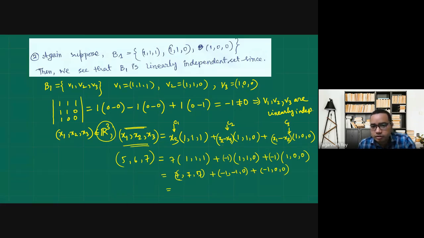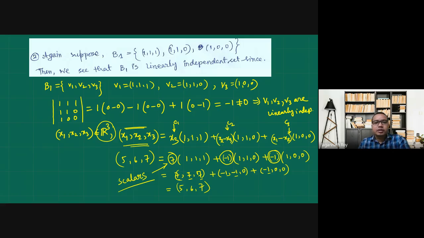Seven minus one, that is 5. 7 minus 1, 6. 7 minus 0, 0, okay, 7. Okay, so we can select these particular constants, particular scalars. Okay, not constants, we will call them scalars.